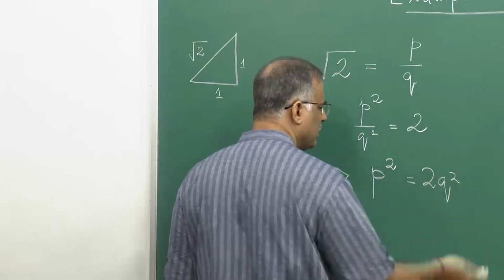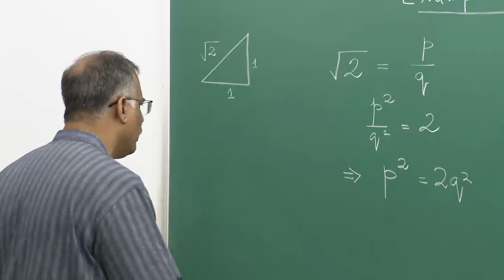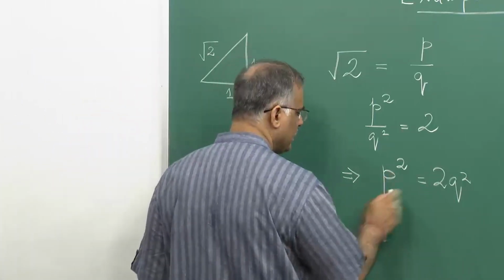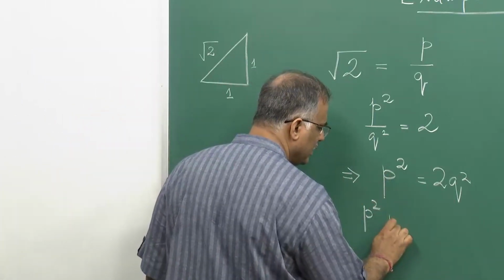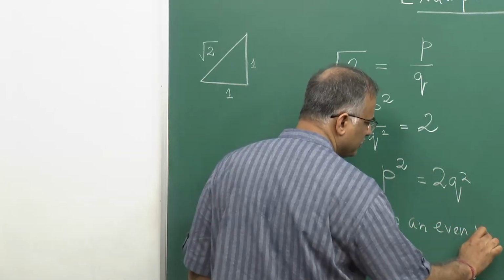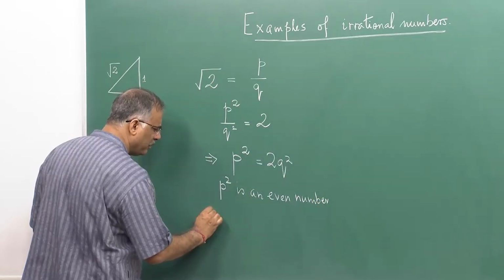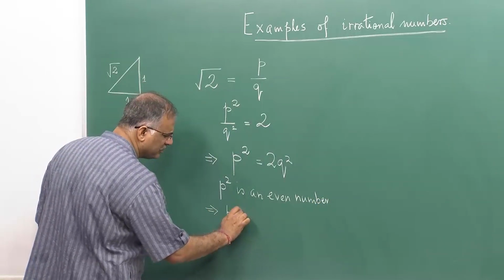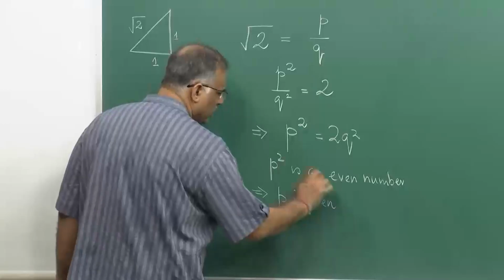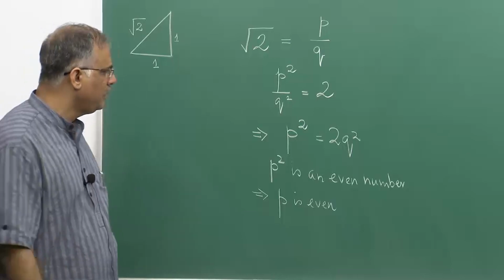So, 2q square is a number divisible by 2, any even number is divisible by 2. So, we immediately understand that p square is an even number. So, what does it imply? It implies that p is even. So, if square of a number is even, then the number must also be even.